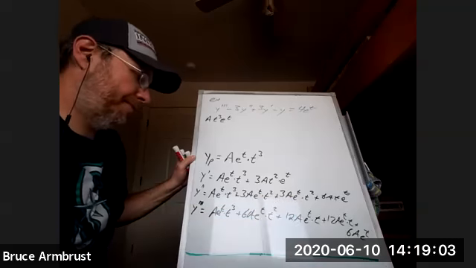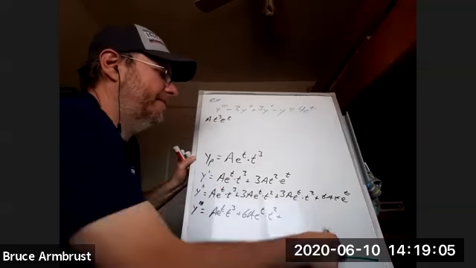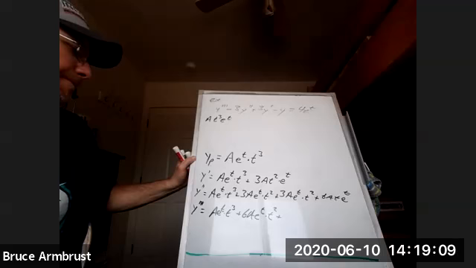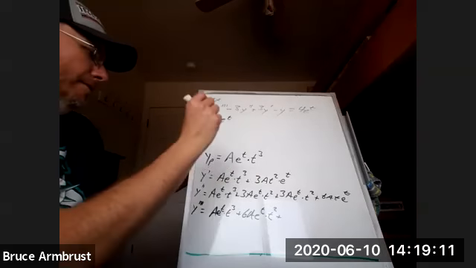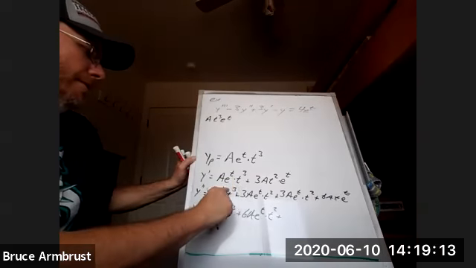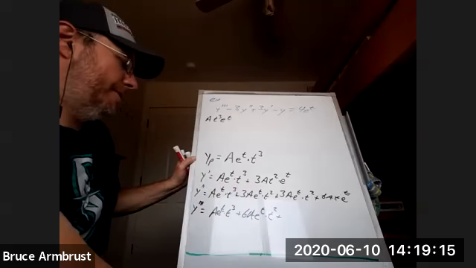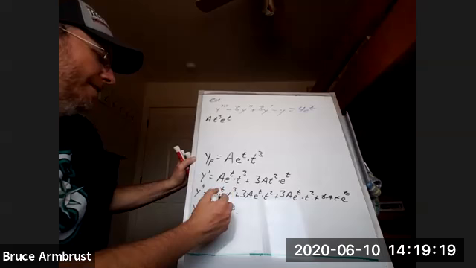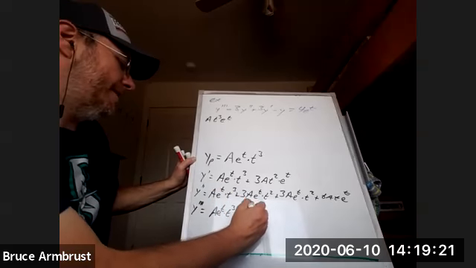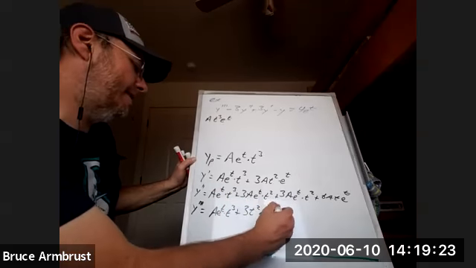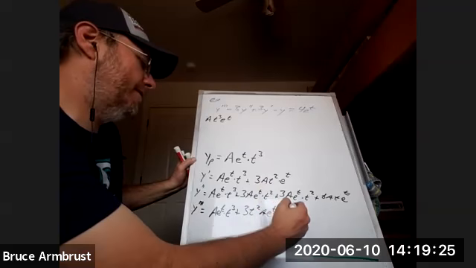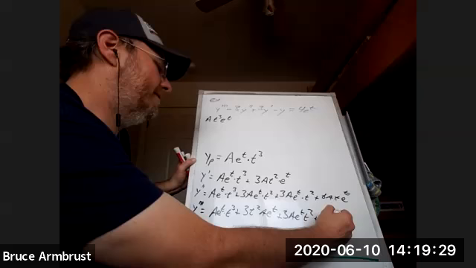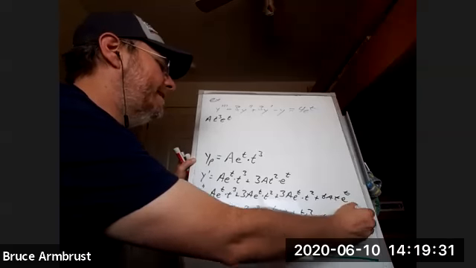No, hold on. Trying to do too much in my head. So let me write them out. I just want to make sure I don't lose anything. So there's a 3t squared a e to the t plus another 3a e to the t squared plus 6a e to the t times t.